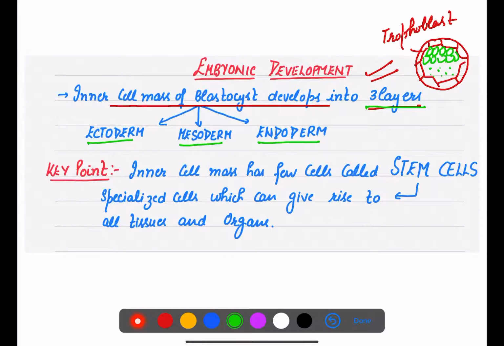The inner cell mass has a few cells. These few cells are a very important cell type, the stem cell. Always remember, these small questions are asked in viva: what are stem cells?